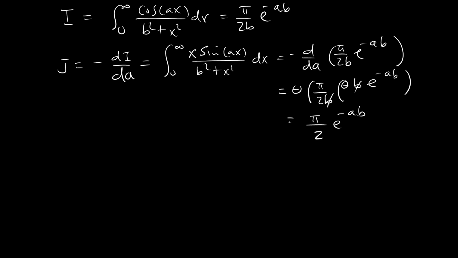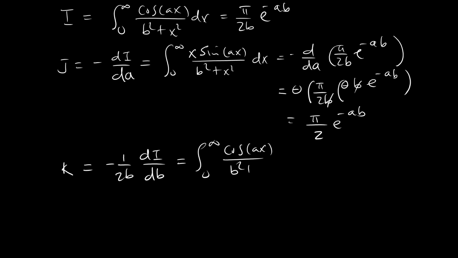Okay, and then K, since we showed that K is negative 1 over 2b times the derivative with respect to b of J, this is 1 over 2b, the derivative with respect to b of pi over 2 e to the negative ab.